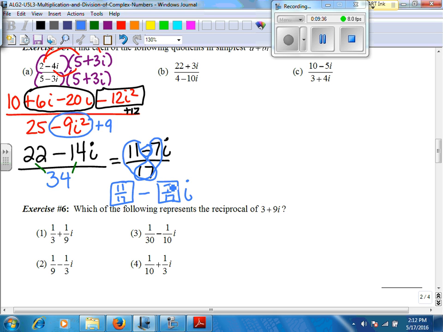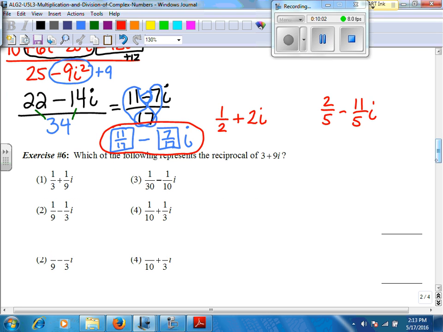And again, if either of these fractions could be simplified, then you can go ahead and simplify them even further, but in this case, they can't. If you guys want to try b and c on your own, answer for b, 1/2 plus 2i. Answer for c, 2/5 minus 11/5 i.